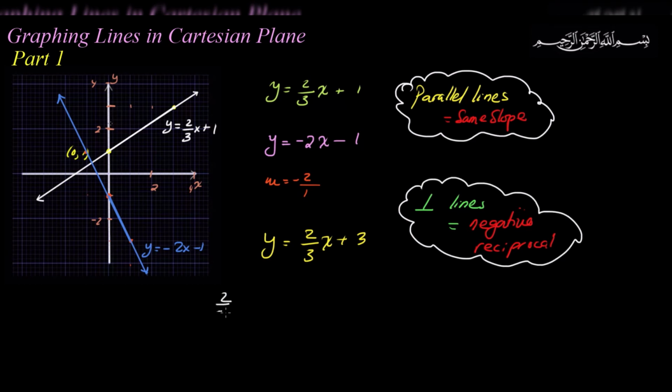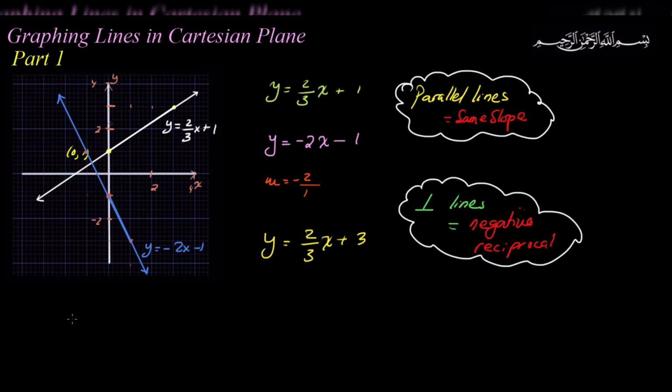The reciprocal of 2/3 is 3/2. Like flip it, right? That's what the reciprocal means. If you have 1/3, you flip it, you get 3/1, or just 3. So the reciprocal of 1/3 is 3. First of all, you have to understand what reciprocal means.